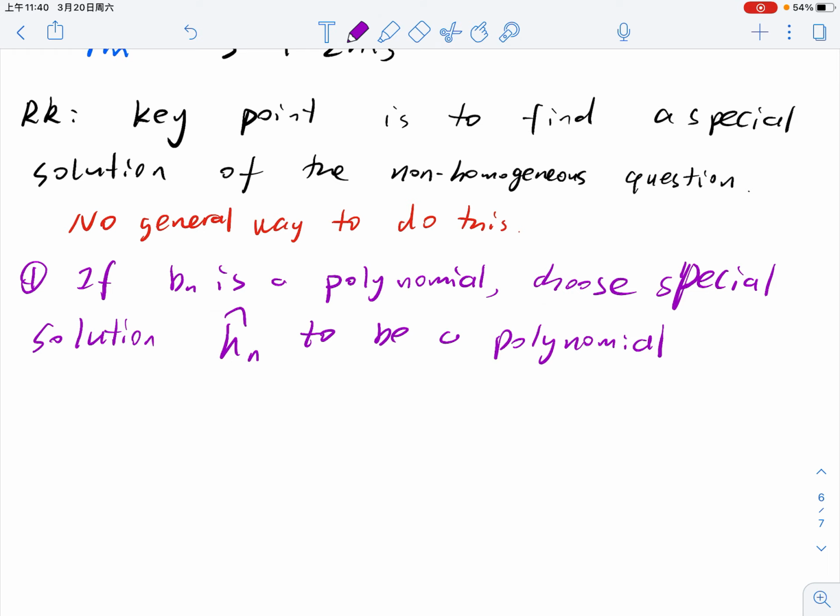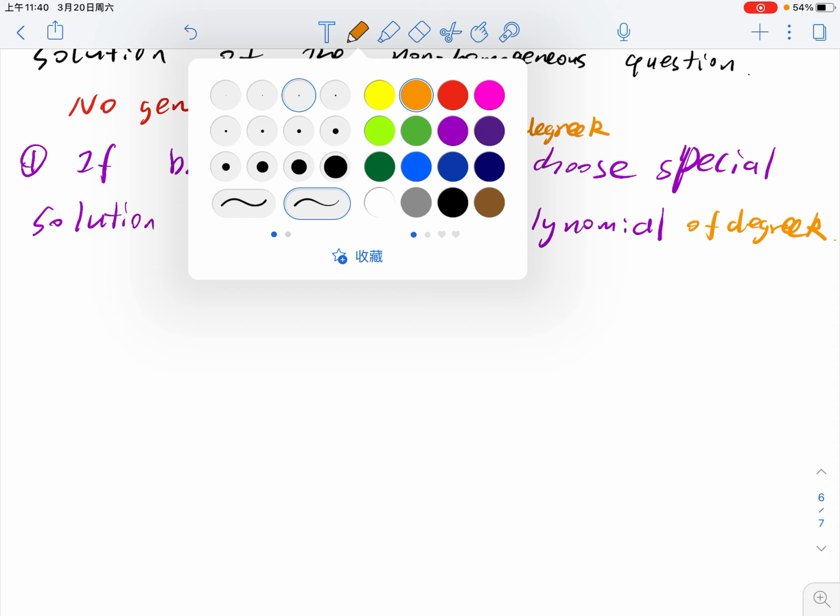And here the key point is that if this is a polynomial of degree k, you also choose a polynomial of degree k. If it happens to lead to no solution, then you just raise the degree by one.